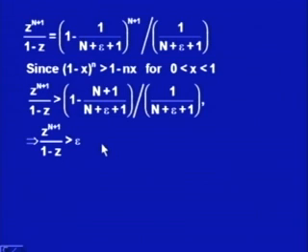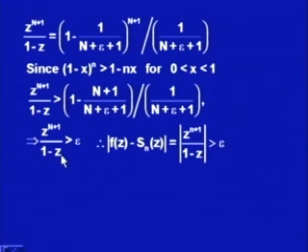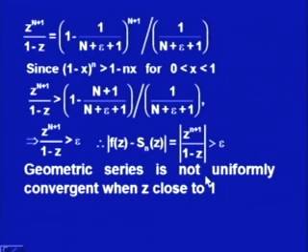That means the n which we have considered will not work for this, especially when z is very close to 1. So, |f(z) - s_n(z)| = z^{n+1}/(1 - z) is greater than epsilon. So, the geometric series is not uniformly convergent when z is very close to 1. There is a region very close to z = 1 where this condition is satisfied, and whatever n we have computed for a given z will not work for a different z.